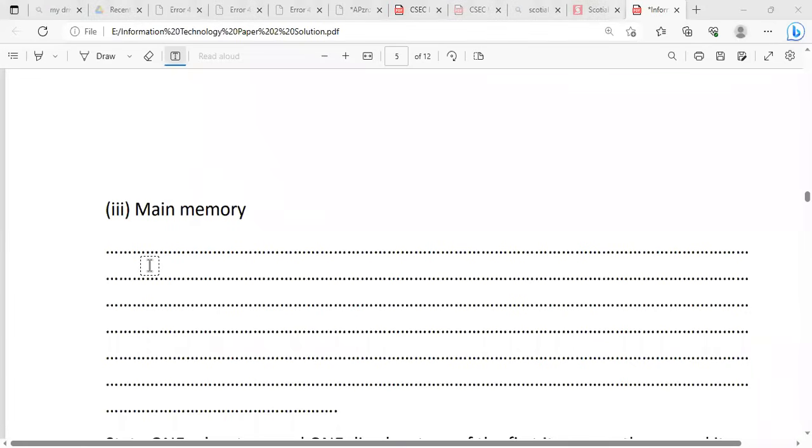Let's go. All right, so we're on to the two functions of the main memory. Type that in the comment section. Everyone go to the comment section so we can learn from each other.